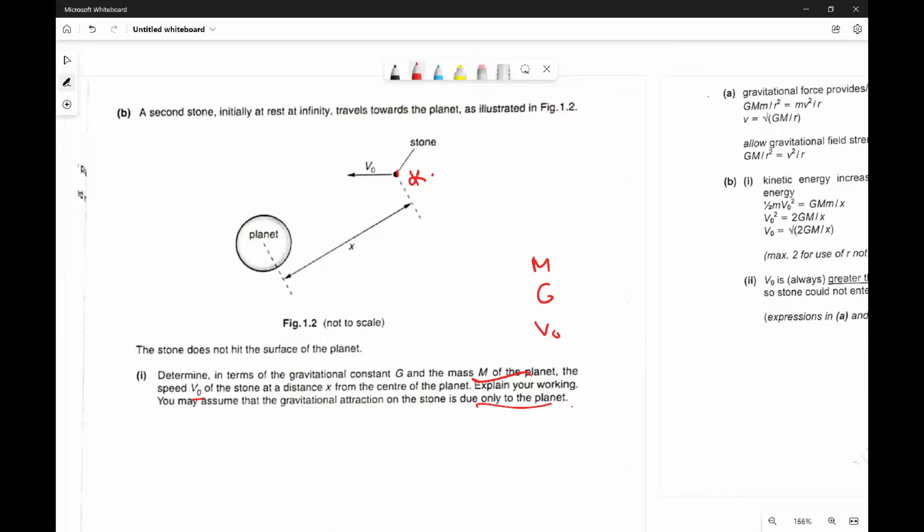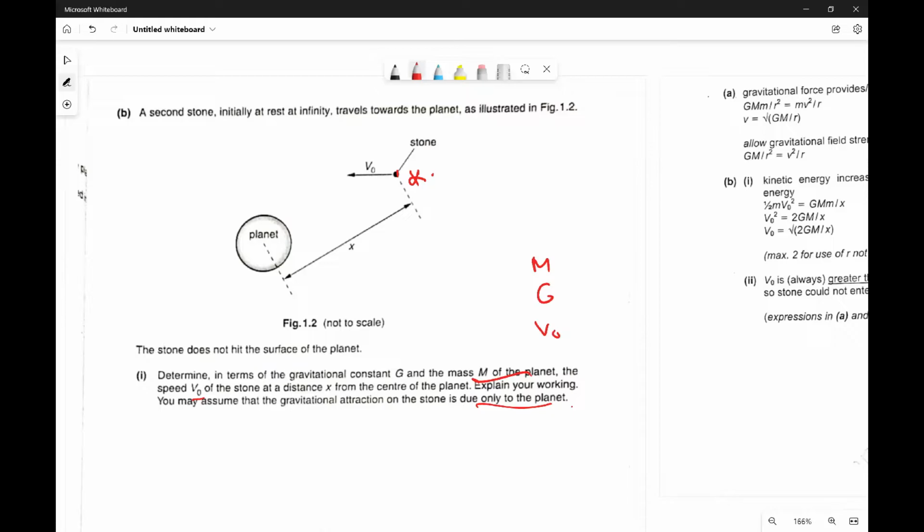If a stone is traveling towards the surface of the earth, we know that the gravitational potential energy would decrease and the kinetic energy would increase because it's traveling towards the surface. Because the planet is involved, we'll have to look at it in relation to that planet, because the gravitational force of the planet is affecting the potential of that stone, right?